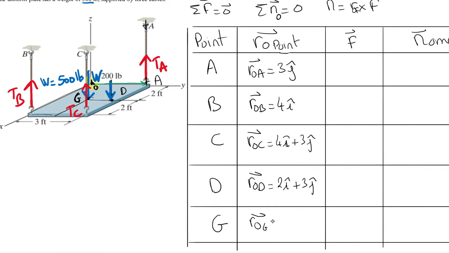And G is in the middle, so 2 on I hat and 1.5 on J hat.